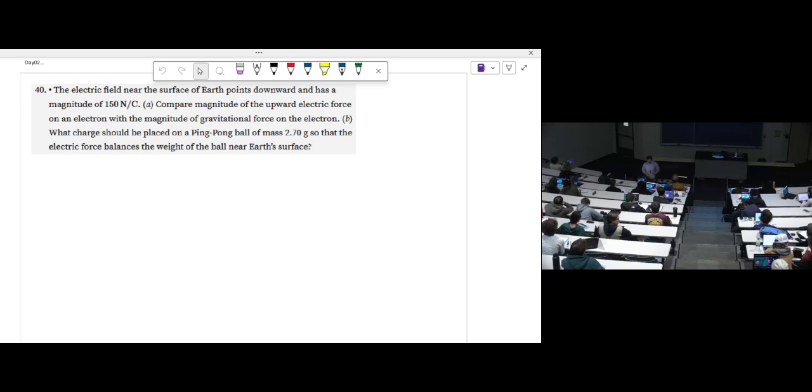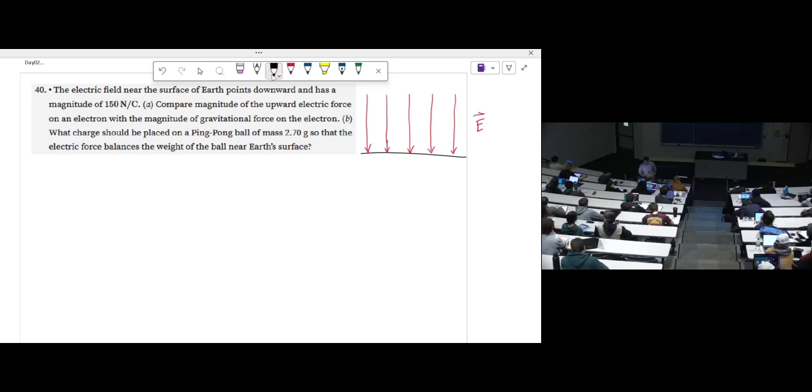The electric field near the surface of the Earth points downward and has a magnitude of 150 newtons per coulomb. So we've got an electric field that we're assuming, based on no other reason to assume otherwise, is a uniform electric field.